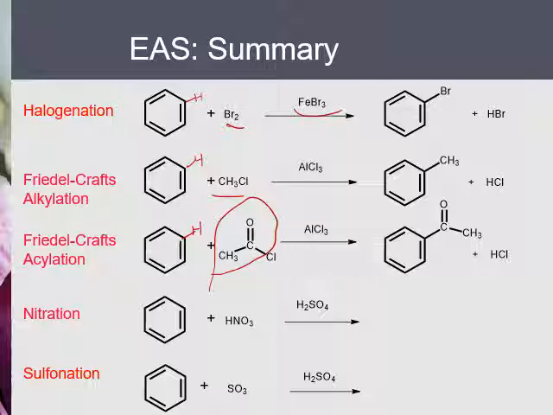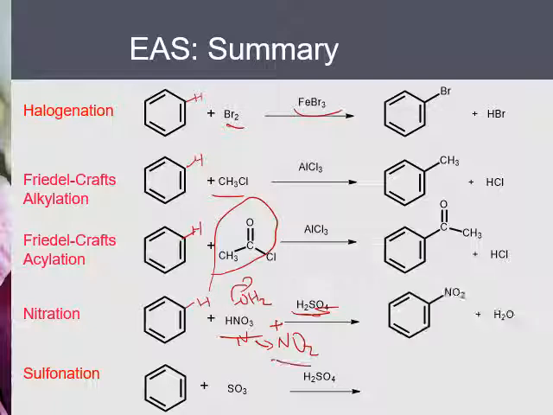In nitration reaction, nitric acid contains a hydroxy group, and the hydroxy is protonated by concentrated sulfuric acid, forming OH2, which is a leaving group. So what you get is NO2 plus, the nitronium ion, and then a benzene hydrogen is replaced by NO2. So the product is nitrobenzene.